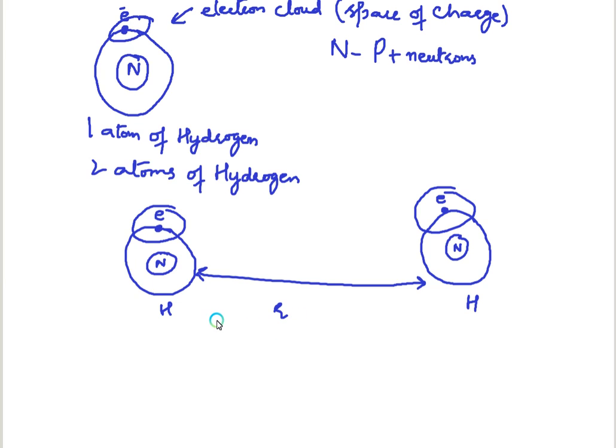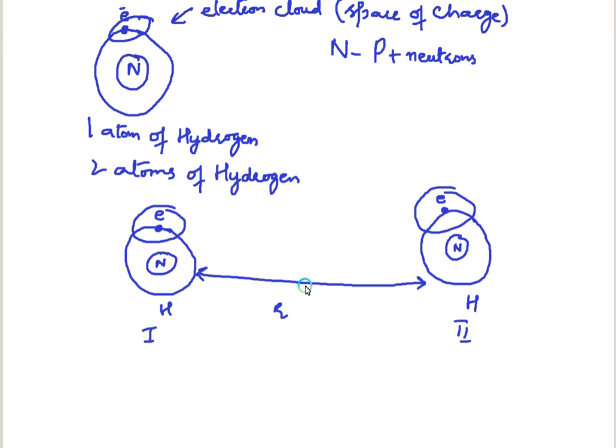Now, if the distance between the first hydrogen atom and the second hydrogen atom is very large, then this atom is independent, and this atom is independent.